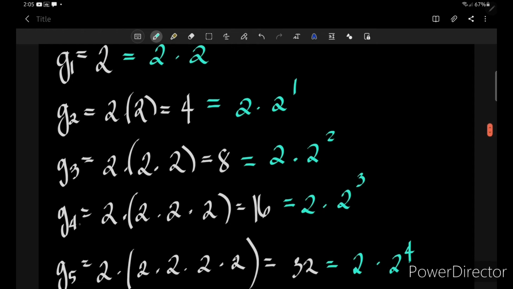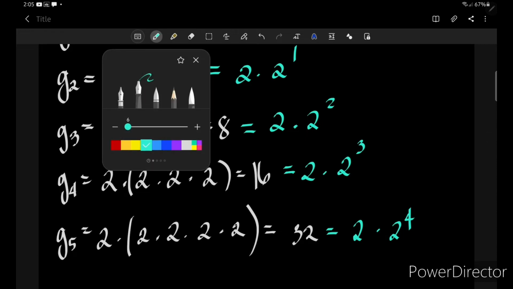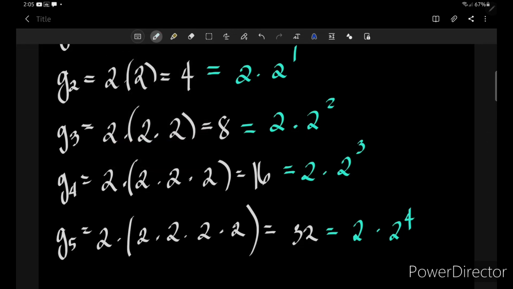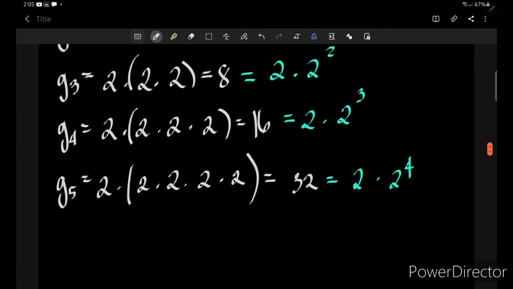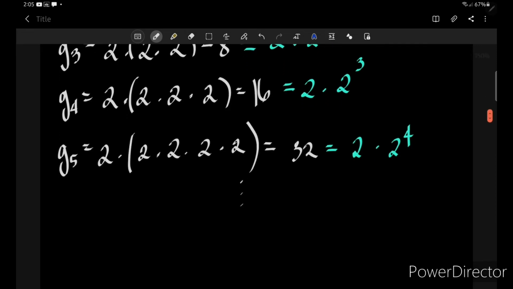Para sa G sub 4, bawas ka isa, we have 3. G sub 5, bawas ka ng isa, we have 4. So, yung napansin nating pattern na meron tayo ngayon dito is nagbabawas ka lang din ng isa, just like sa ating arithmetic sequence. Pero, here, nasa exponent yung ating binabawas. Right?